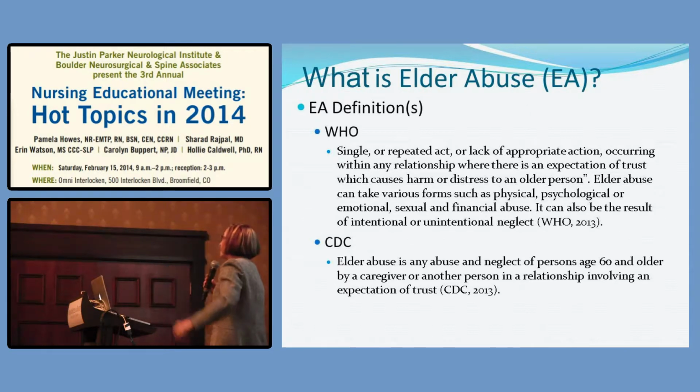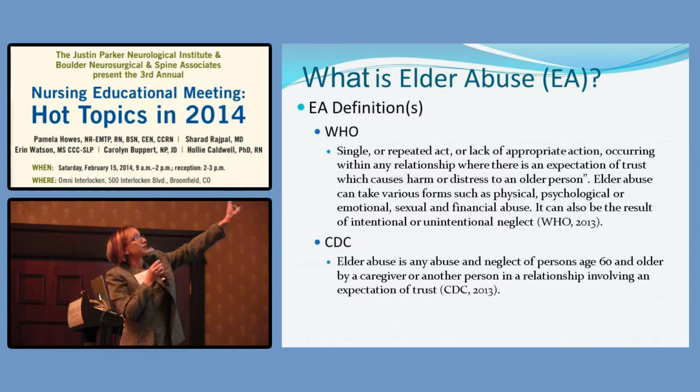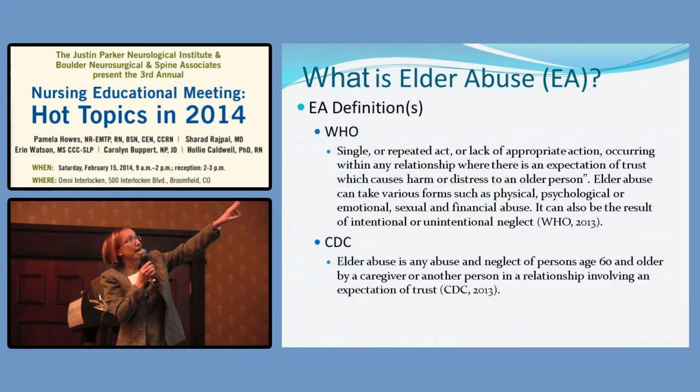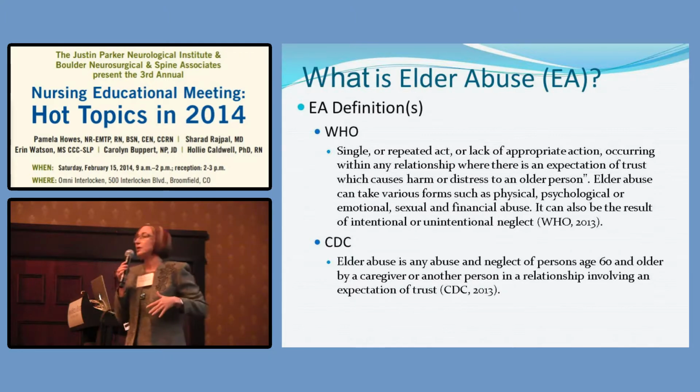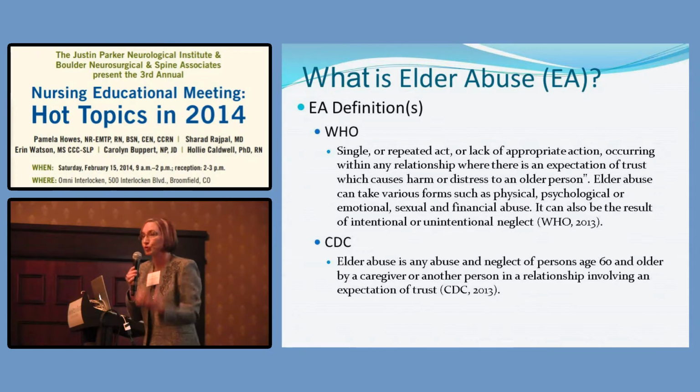The thing that I really want you to pay attention to is this issue of single or repeated act or lack of appropriate action. So elder abuse is not only what we do, it can be what we don't do. It's acts of commission as well as omission, and it occurs within a relationship of trust.